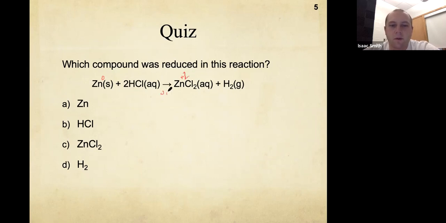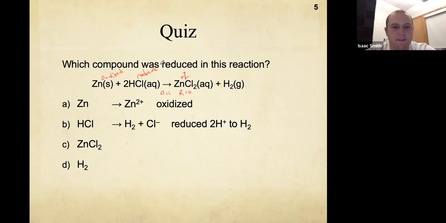If you remember OIL RIG, reduction is gaining electrons. Zinc is actually losing electrons to come to the +2, so zinc is oxidized, which means this would be the reduced compound.